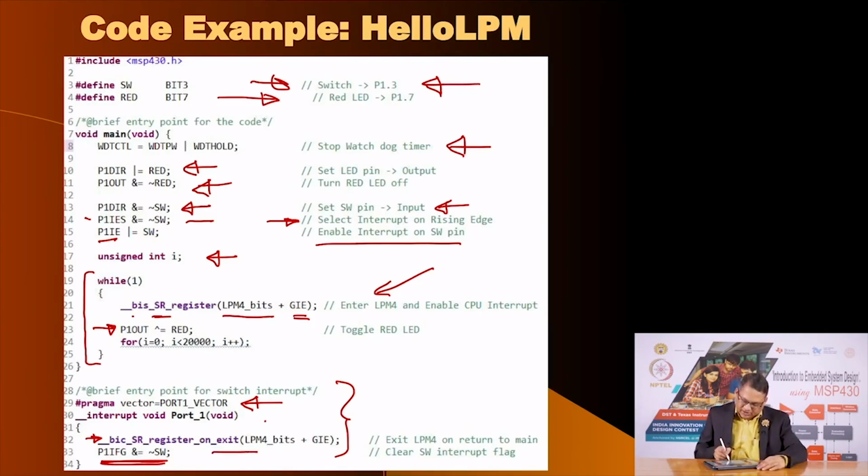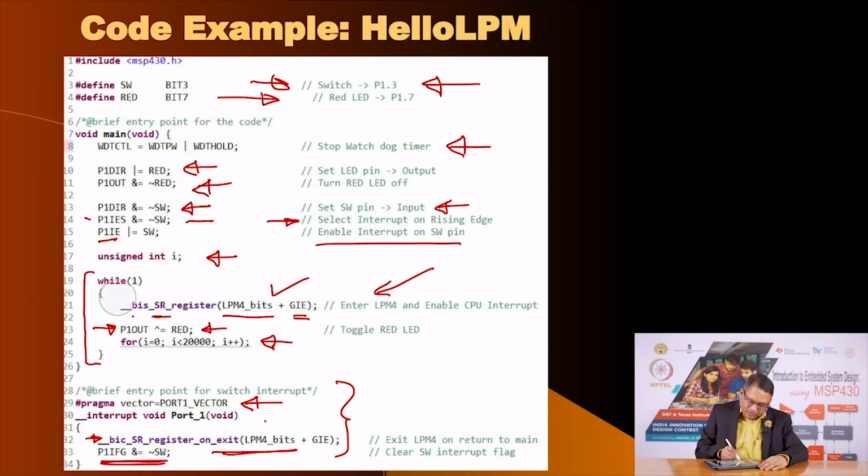Because of this, you go into the active mode, which means when you come back here, you will execute this instruction, which will toggle the LED. Now, this delay instruction is actually superfluous as far as running this code with this instruction active. You can play with this and you will see that every time you press the switch, it toggles.